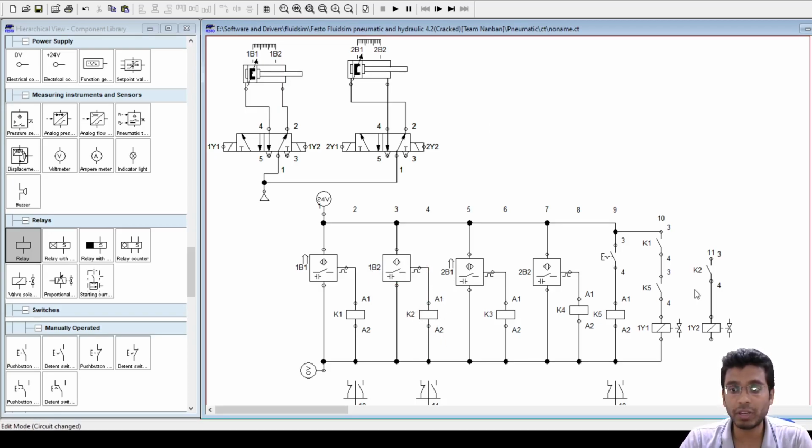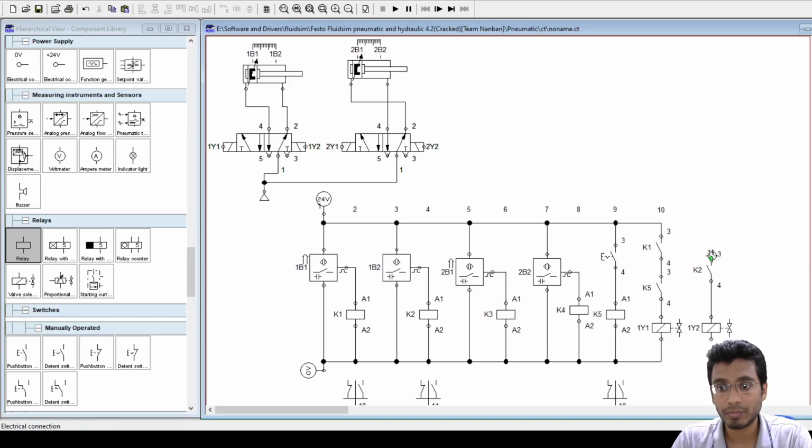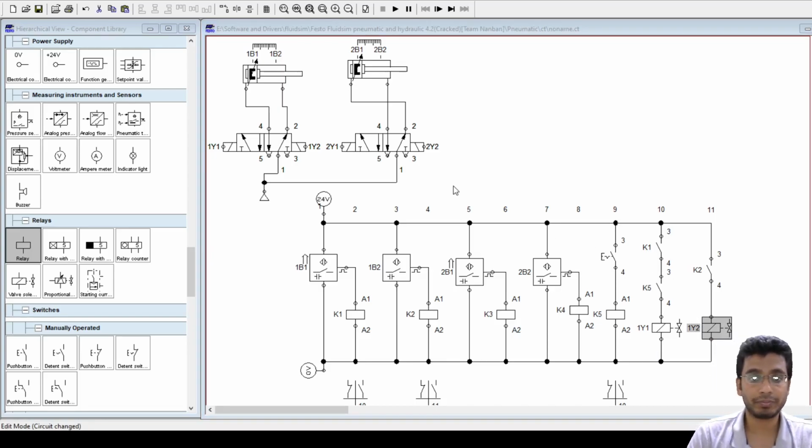That means an open contact of a K2 relay will control, fine, and this will be your 2y1.